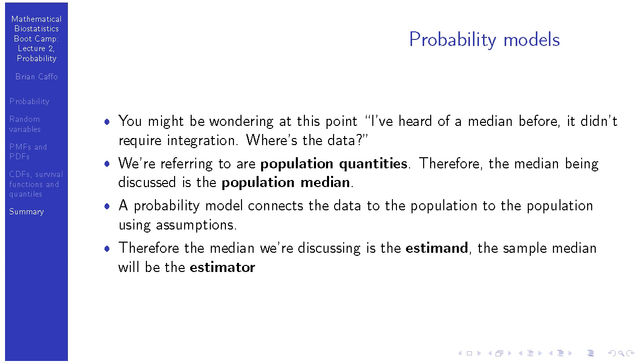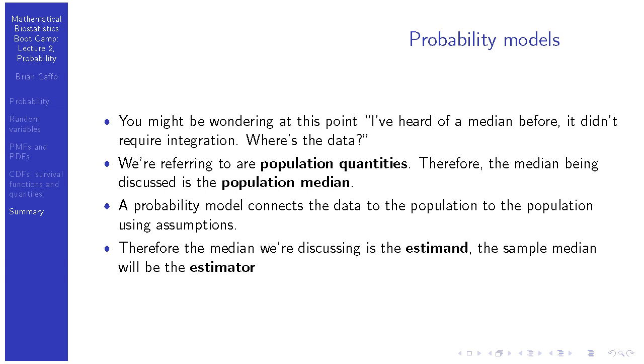In the same way, if we take a sample mean of data, that's an estimator of something, it has to have an estimand. And so what we're talking about in this lecture is one way to construct estimands of these quantities. In this case, if you take the sample median, it is hopefully trying to estimate the population median, that point in the population so that the probability of being less than it is 50%.